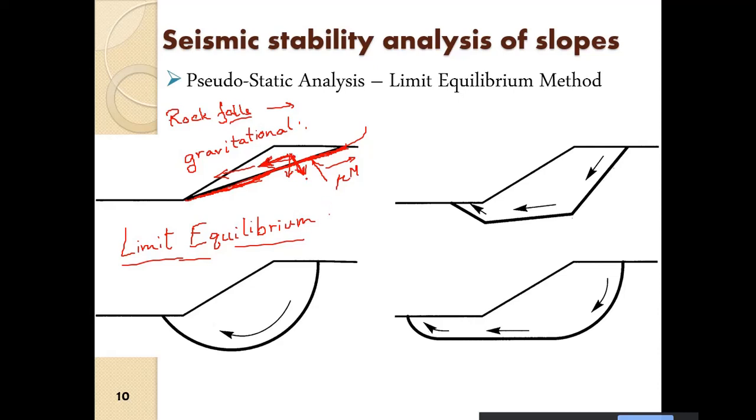Once we know the normal component, we find out the friction available on the slip surface. That friction is basically the shearing resistance of the soil.